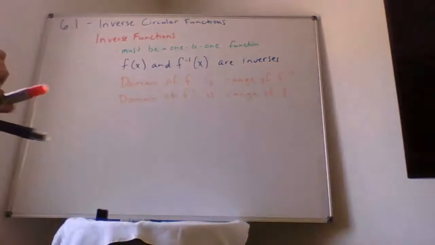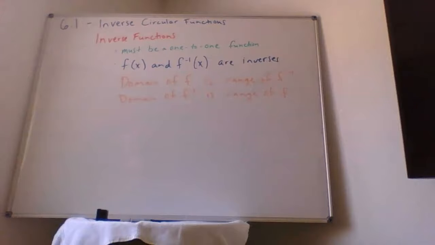One property of inverses is that the domain of f is the range of f inverse, and the domain of f inverse is the range of f. So basically, the domain and range of f and f inverse are swapped.